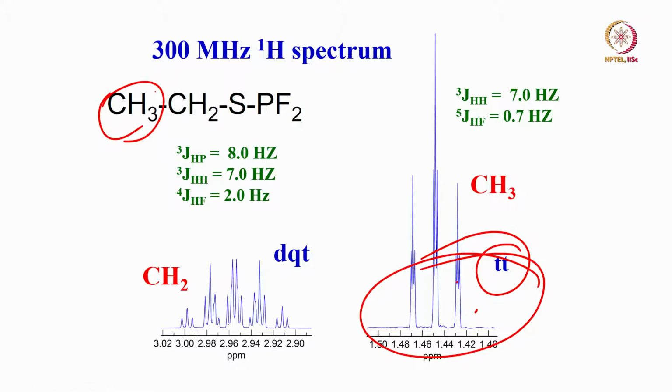At the same time, you see, it also has a coupling with phosphorus and also coupling with fluorine. But in the coupling information given here, you see, proton phosphorus coupling is quite large. So it is going to be first a large doublet, 8 hertz, because of phosphorus and proton coupling. Second is proton-proton coupling, this the coupling. So then it will become a triplet.